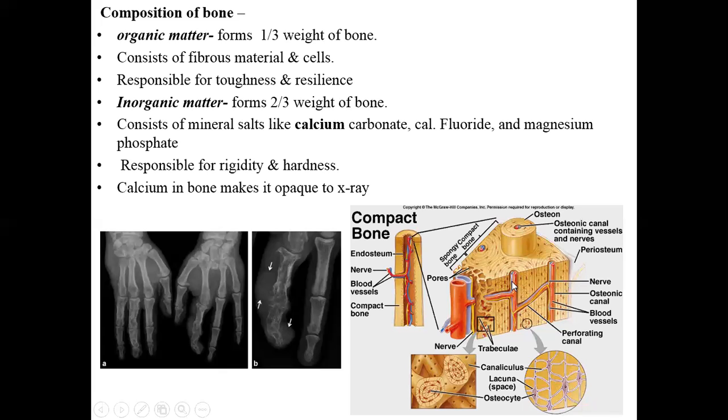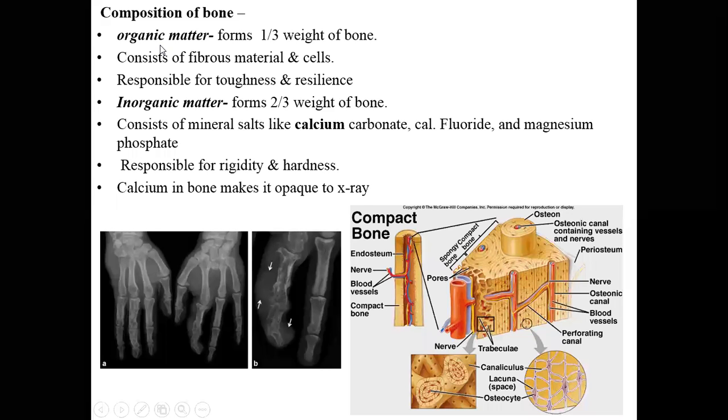You can see the particular arrangement of the bone. A circular arrangement can be seen here, and the osteocytes or bone cells can be seen in between. We will see these things under the microscope in the coming slide. So basically you should know that we have organic matter and inorganic matter.